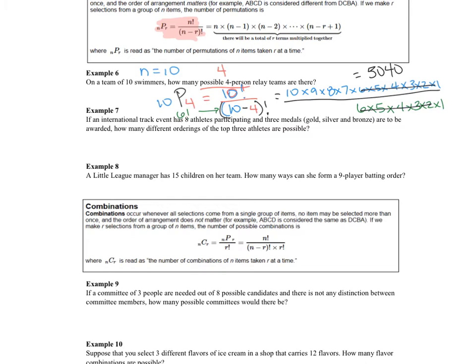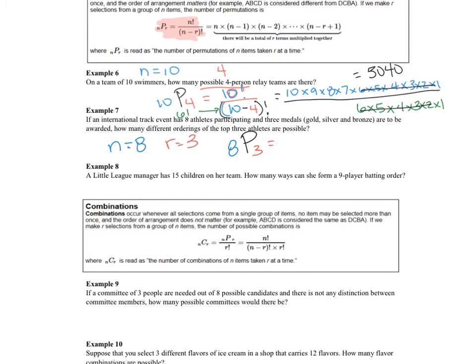But we have how many athletes available? So our n here is 8. And our r is, we're only looking at 3 of those. So when we do this, we have 8P3.